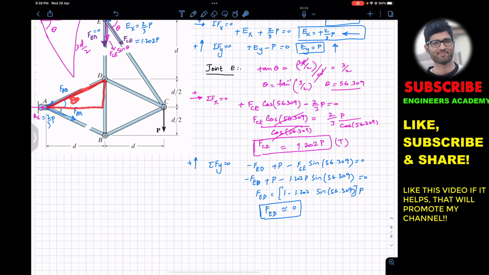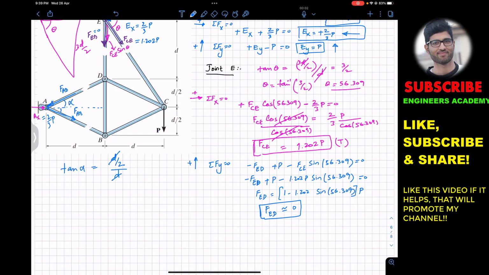This is our theta, and if we apply tan theta, this is perpendicular and this is the base. So the perpendicular is D divided by 2 and the base is D. So now let's say that this angle is alpha. So we can say that tan alpha is perpendicular, which is D divided by 2, divided by the base. The base of this triangle is D, so D divided by D. This will cancel out.